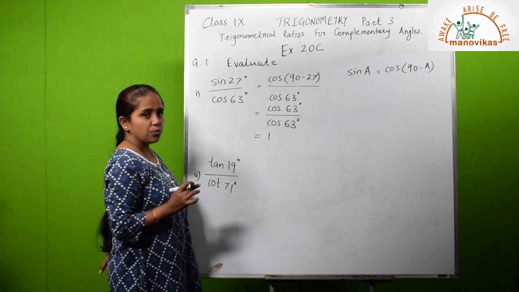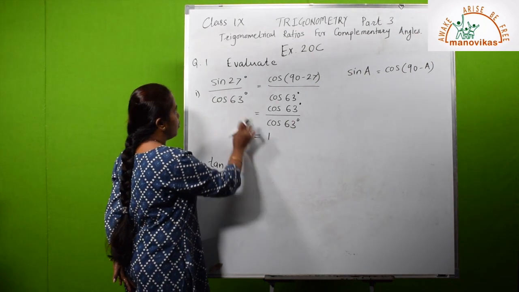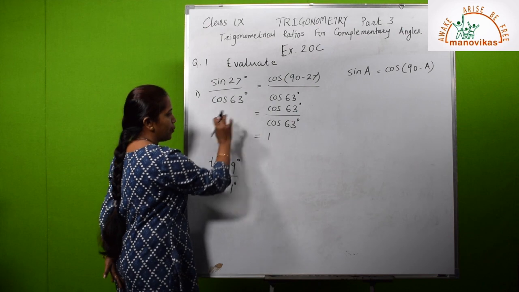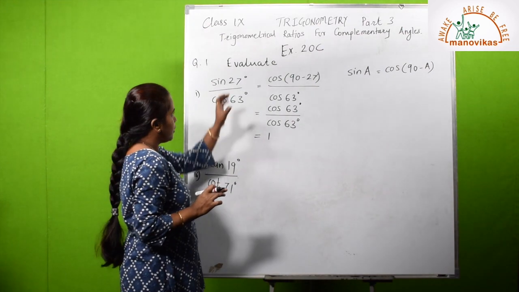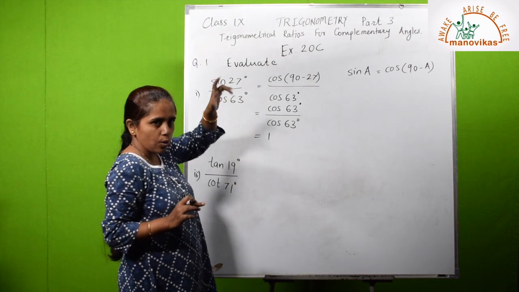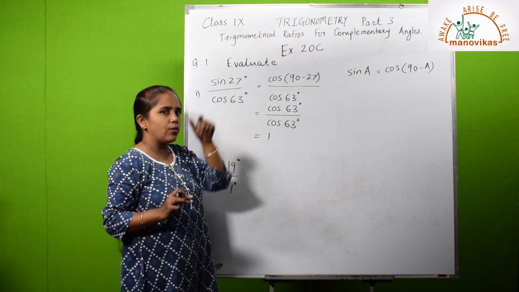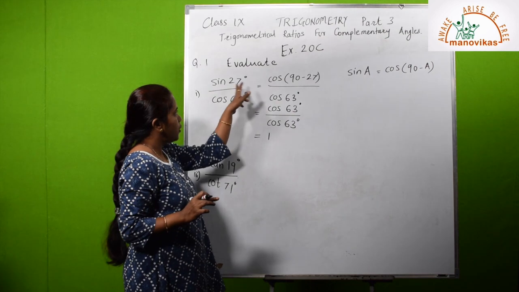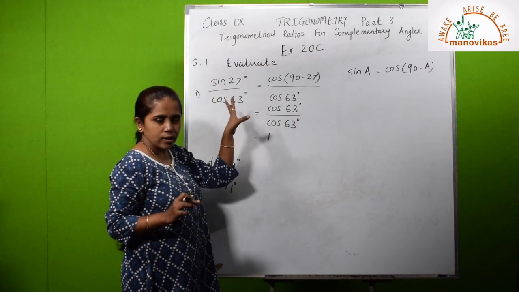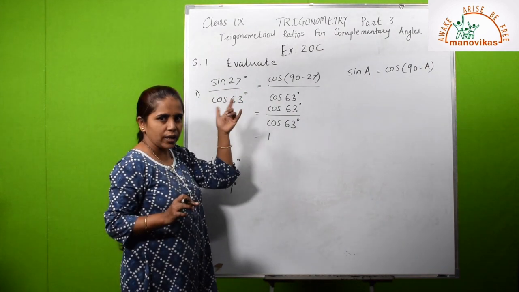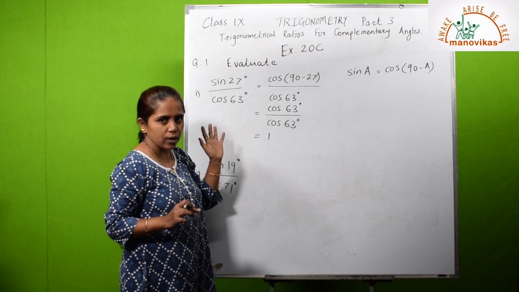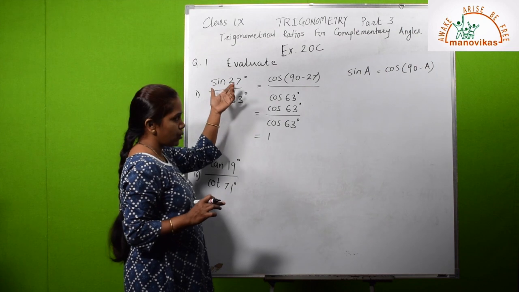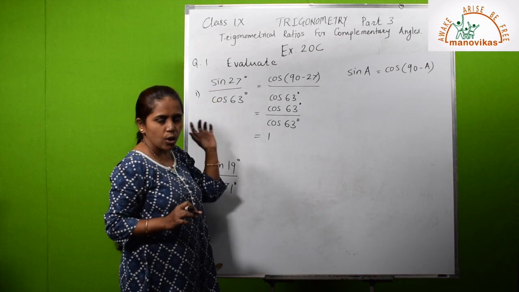So cos 63 divided by cos 63 degree, and cos 63 upon cos 63 is 1. This is the value for sin 27 degree upon cos 63 degree. Understood? First we have checked whether the angles are complementary or not. For that we have added the two angles 27 and 63 degree. So you got the addition as 90. So it means angles are complementary. Now we have to change one ratio, so we can get the value.